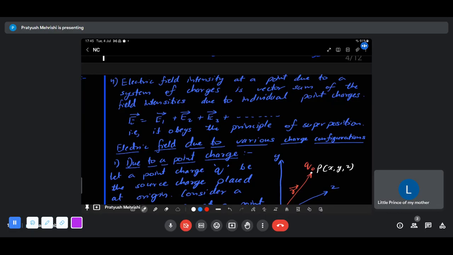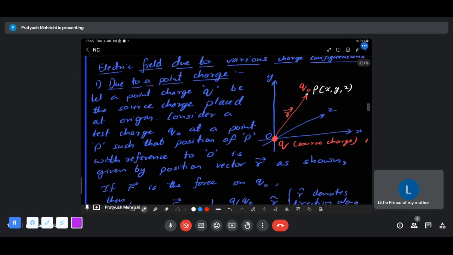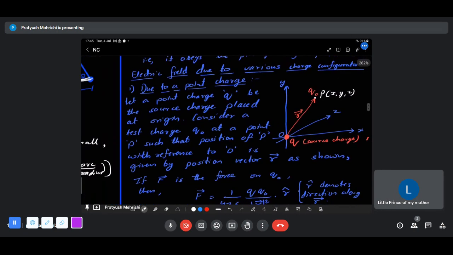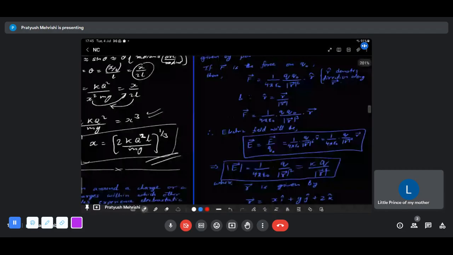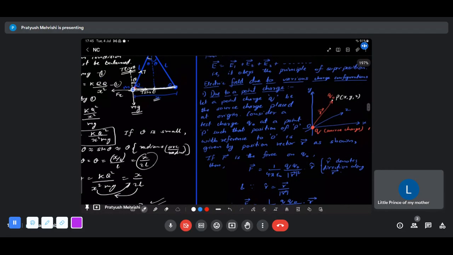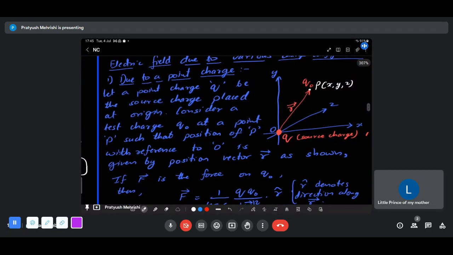Now, electric field due to various charge configurations. If a single point charge is there, this is the derivation of the electric field due to a point charge. This derivation is important as far as boards are concerned.